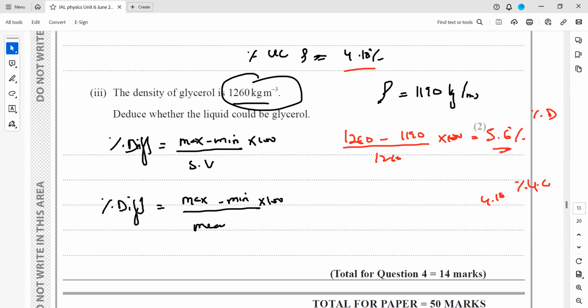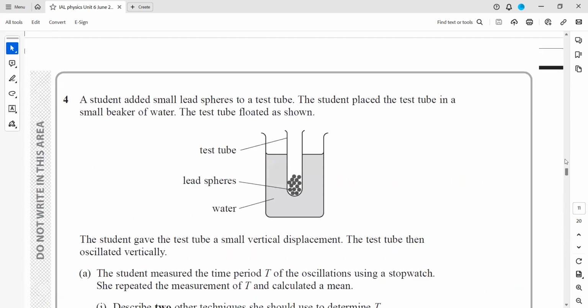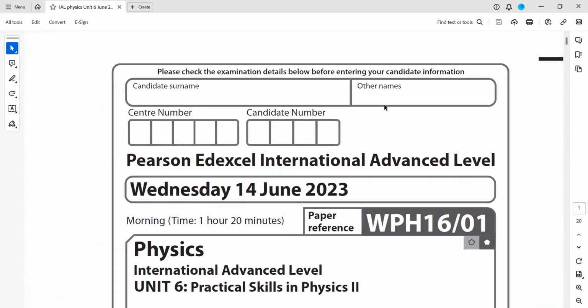Is it clear? That is how we compare. This is a very common type of question in the exam. As we do different past papers, you will find this repetition: usually in the last part you have to compare whether two values are equal or not equal by percentage difference and percentage uncertainty.